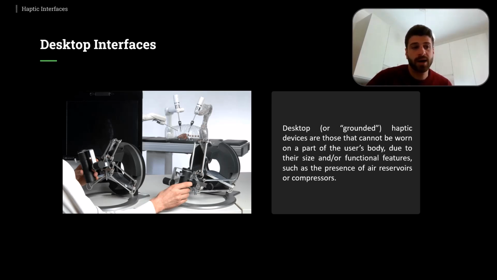And they have a really high accuracy and are really capable of providing a kinesthetic feedback and also a cutaneous feedback. So of course they have a higher cost, but on the other hand, they are really accurate, so they can be used in applications such as medical surgery, where you really need to be accurate and you don't need a huge workspace.